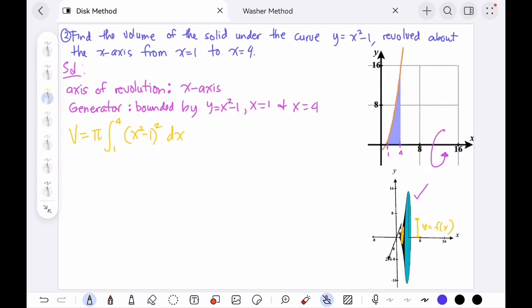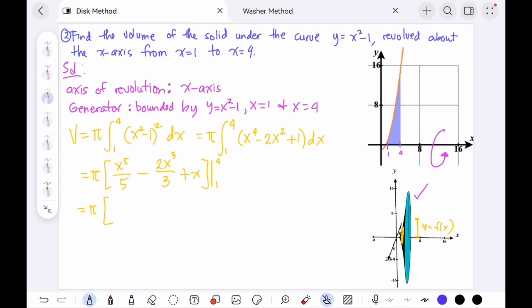So expanding the square, we get the integral from 1 to 4 of x to the 4th minus 2x squared plus 1 dx. Integrating, I have x to the 5 over 5 minus 2x cubed over 3 plus x, evaluated from 1 to 4.